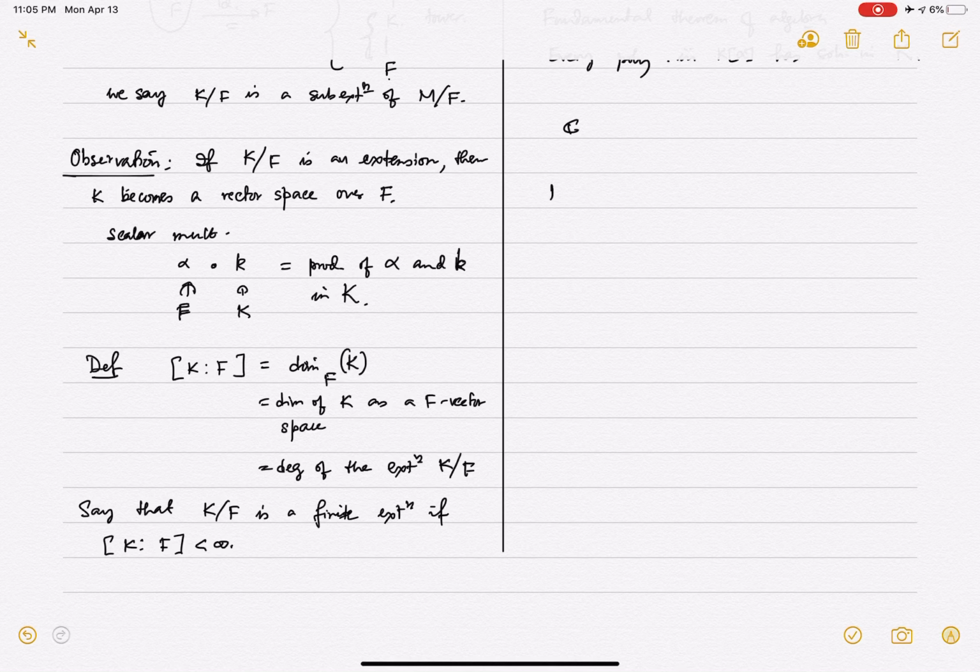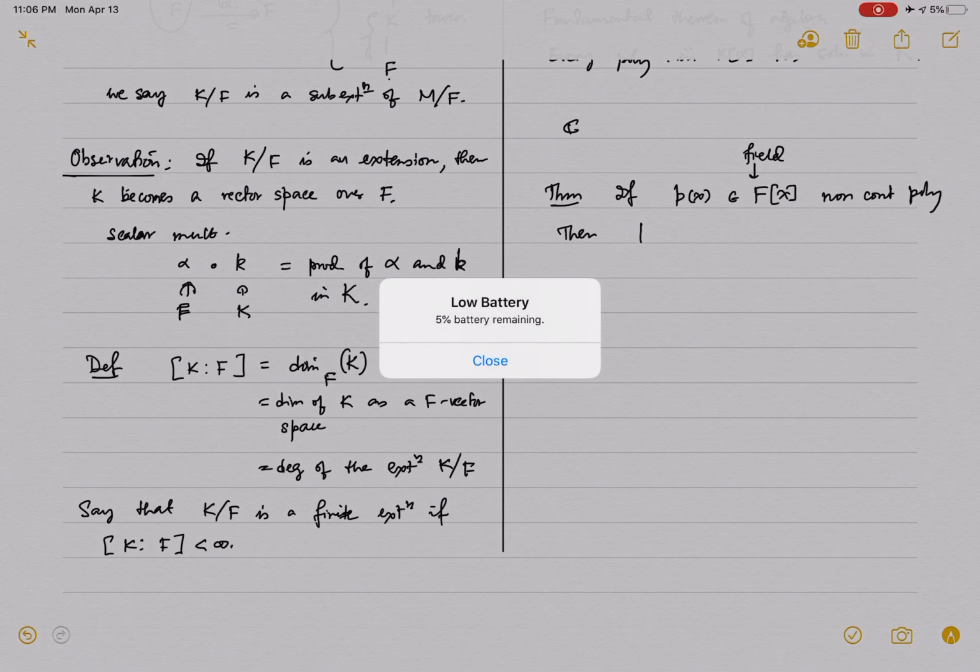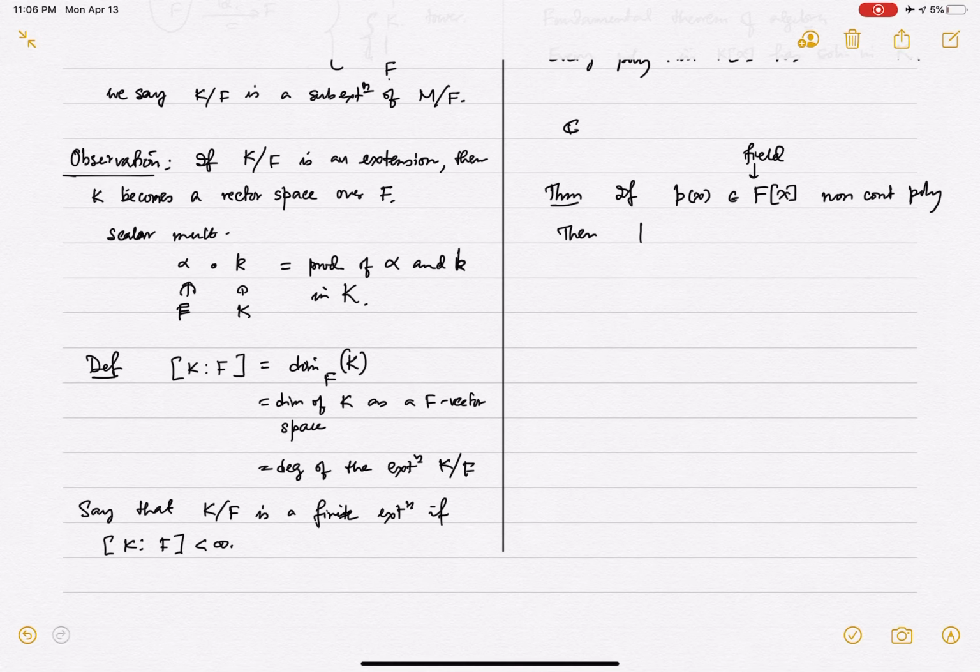So the theorem that we are going towards is that if you take an irreducible polynomial, any non-constant polynomial, over a field F, then there exists a finite extension K over F such that P has a solution in K.